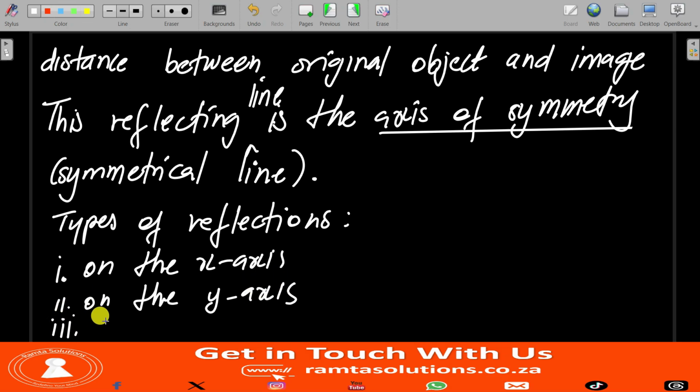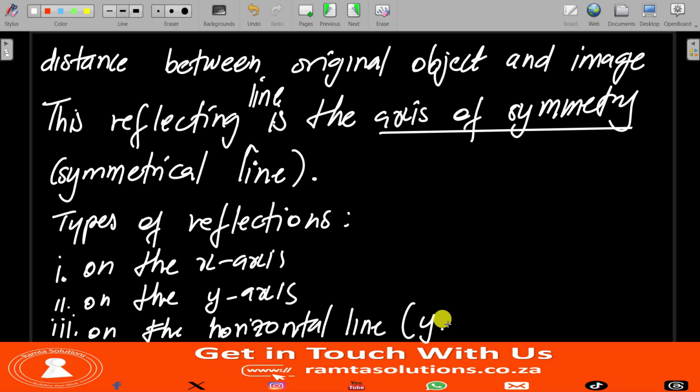Thirdly, we're going to look at the reflection on the horizontal line. For this one, we have to be careful. The horizontal line will be when y is equal to k, where k is whatever number you can think of.